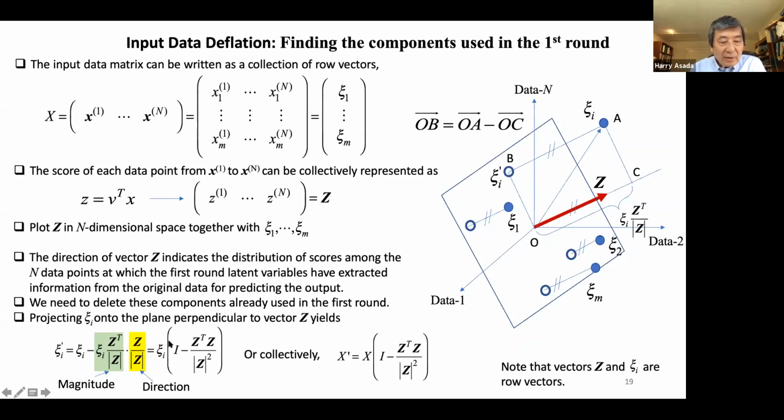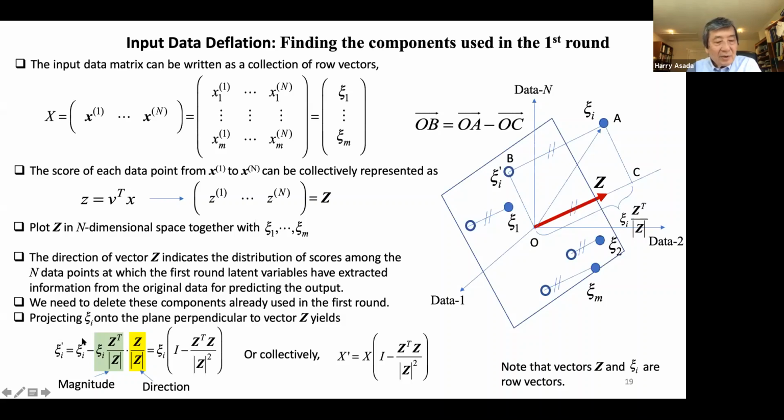And here we can factor out Ci. So Ci prime is given by putting this kind of matrix, which is a type of projection matrix, multiplied to this. Here we look at only one row vector. We do this repeatedly from i equal 1 to i equal m.